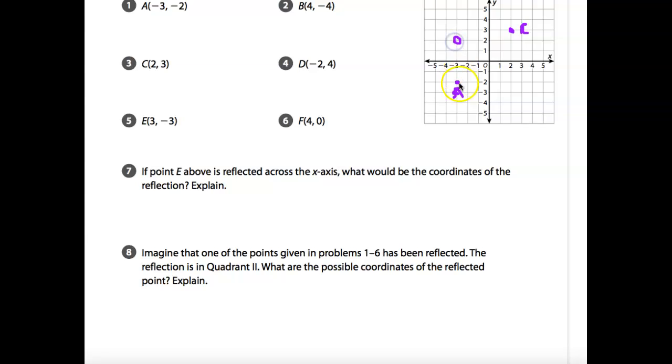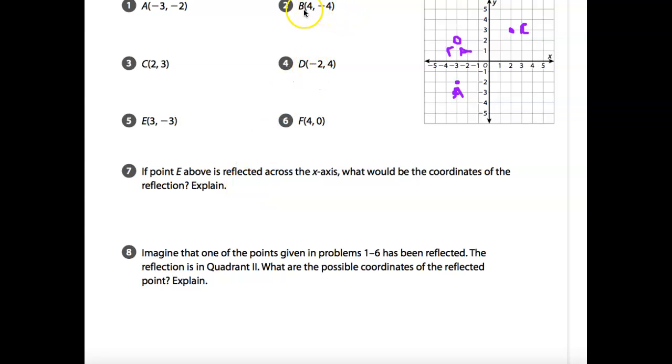This is the reflection of A. I'm just going to put R for reflection of A, so you can see that. So when we reflect across, we go the same distance from the axis, but we go up instead of down.